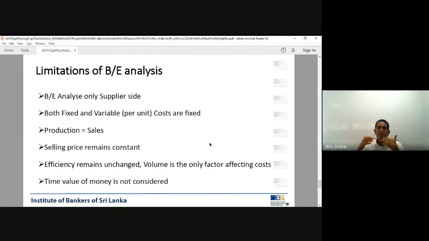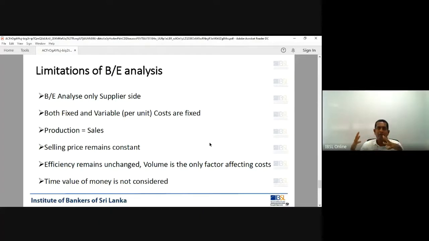We are not considering the efficiency increase with the increase in production. We just think whatever we produce, we can sell. The increase in production and the efficiencies created when you are increasing the production, we are not considering.